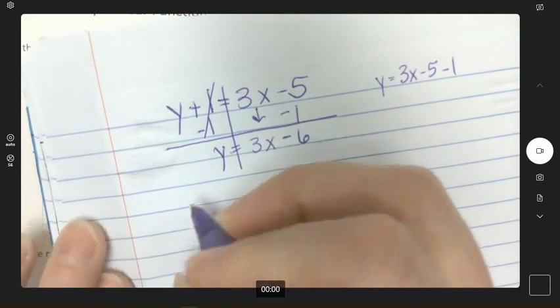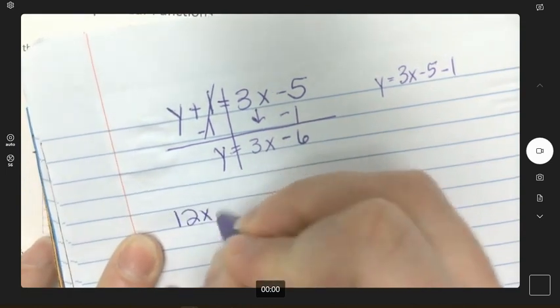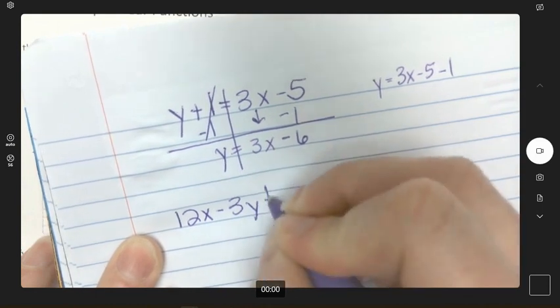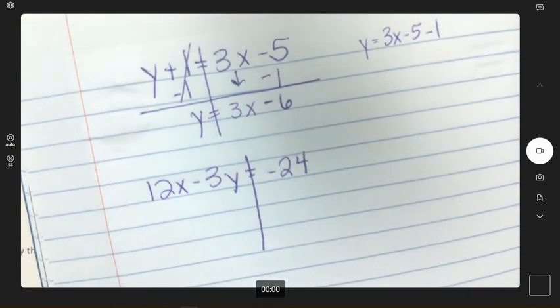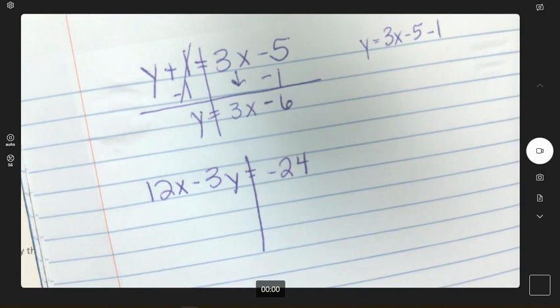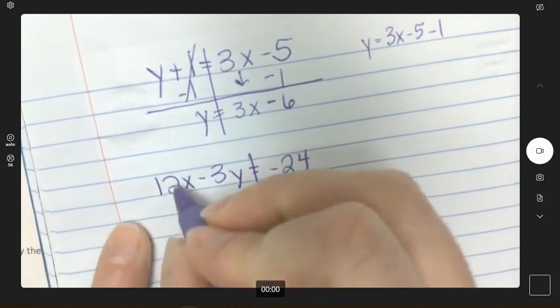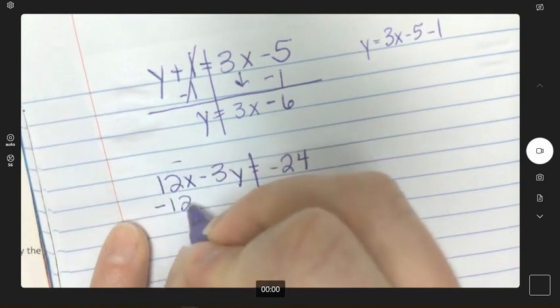Okay, the next one's going to be this one, 12x minus 3y equals negative 24. Draw your line down your equal sign. So we just needed to get it to say y equals. So what we're going to do is take away this 12x because we do the opposite.